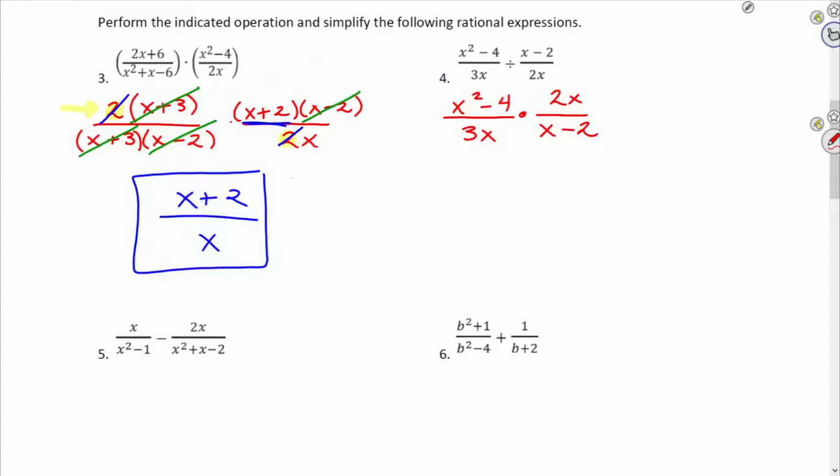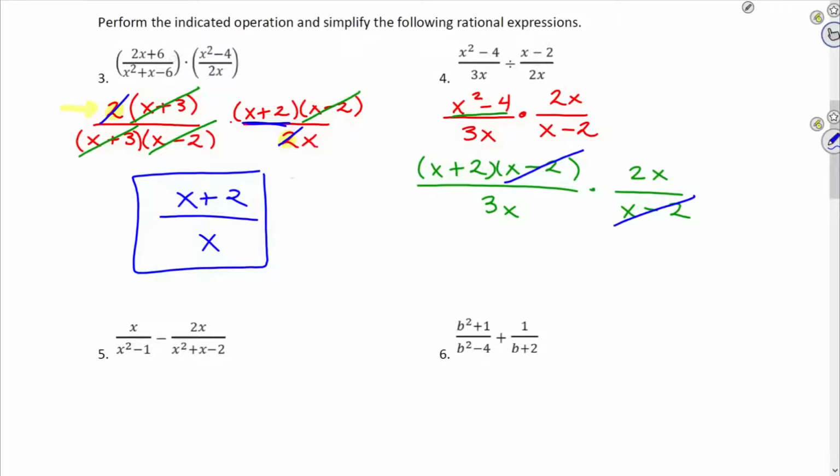Okay, and now I'll factor what I can, and just to conserve some space, I'll just write it below. So x squared minus 4 is the difference of squares, and so I get x and what squares to be 4, I get 2, so I get x plus 2 times x minus 2, divided by 3x, times 2x over x minus 2. Now, I get to cross-cancel things that are the same in the numerator and denominator, and I have an x minus 2 and an x minus 2.